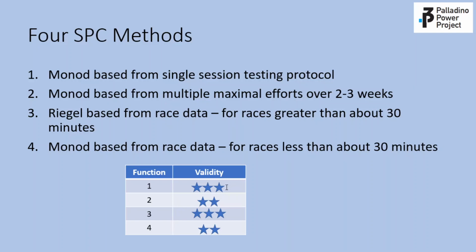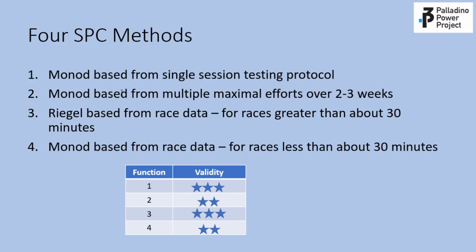You'd have to really screw up the execution to not have a good valid estimate. And then this race-based one for longer races usually gives a really valid, very, very good estimate, particularly if the race is between 30 and 70 minutes, 50 minutes plus or minus 20 minutes, basically.